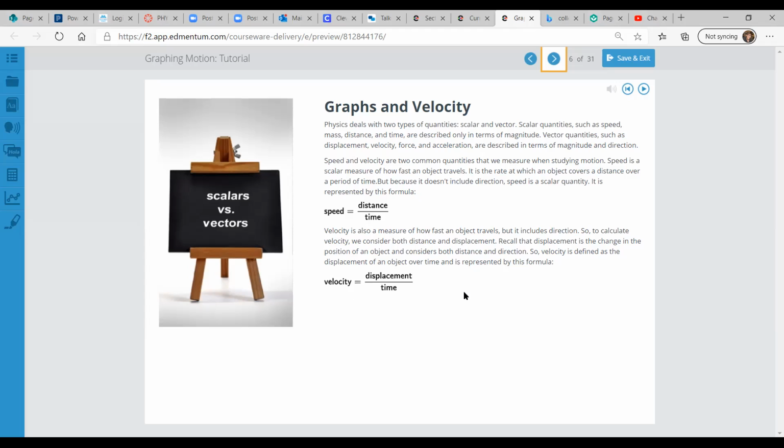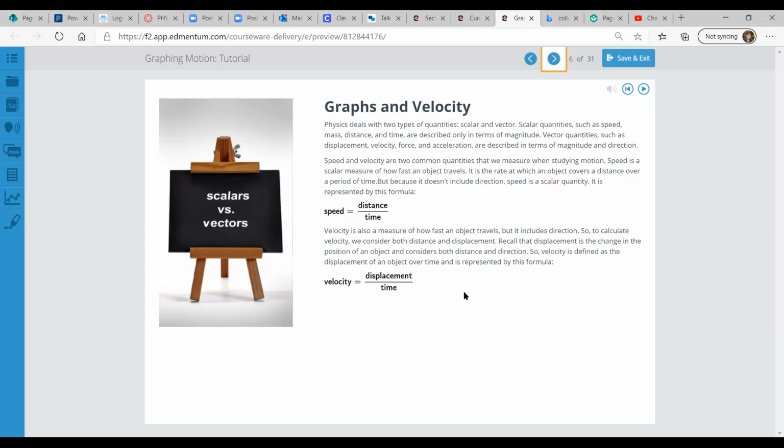While velocity is a measure of how fast an object travels, plus a direction. So to calculate velocity, we consider both distance and displacement. Displacement is the change in the position of an object and considers both distance and direction.